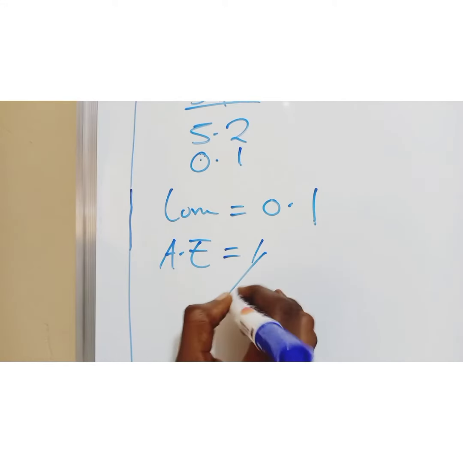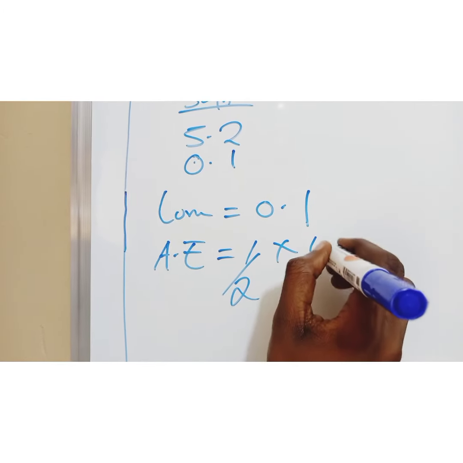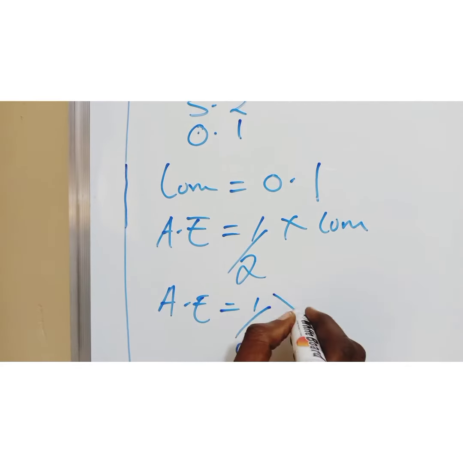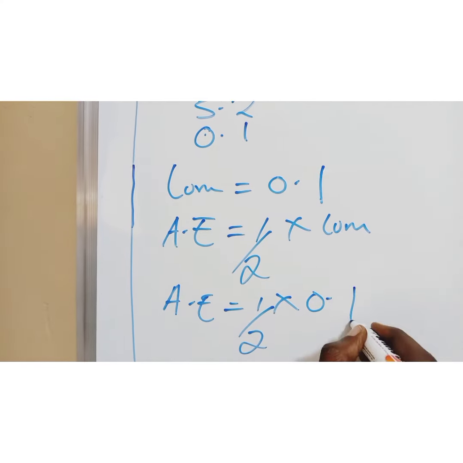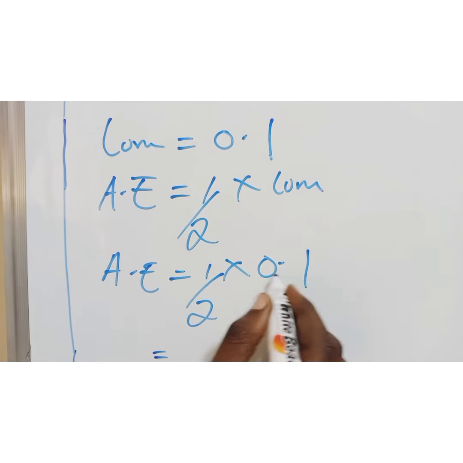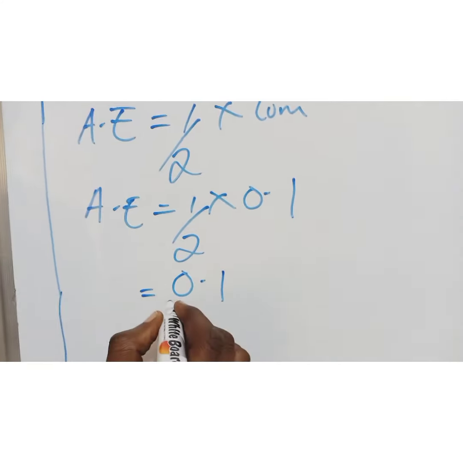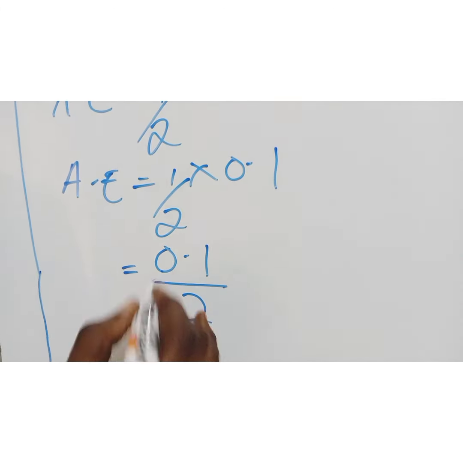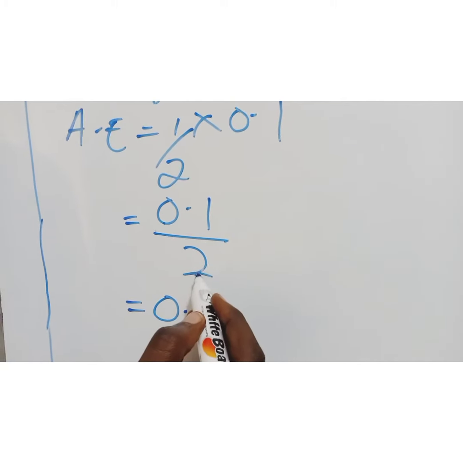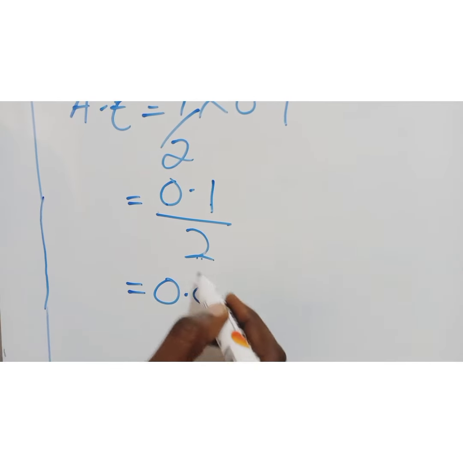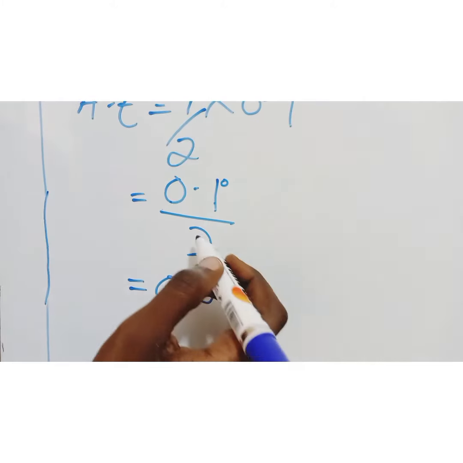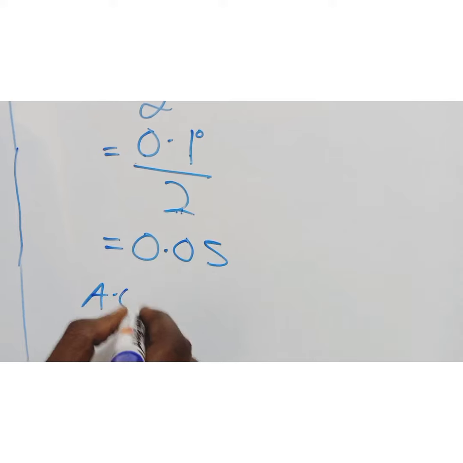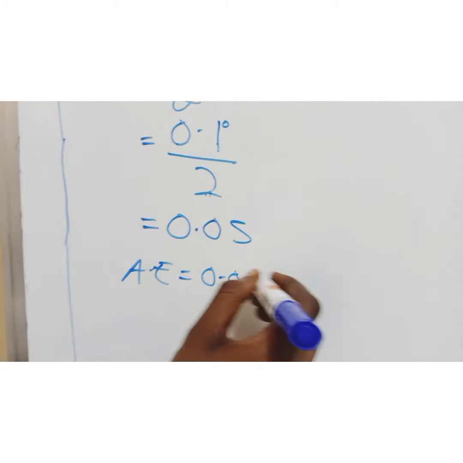The formula is half times LUM. So AE is equal to half times our LUM 0.1. So 1 times 0.1 is 0.1 over 2. 2 into 0 is 0. 2 into 1 is 0. You add a 0. 2 into 10 is 5. So your absolute error here is 0.05.